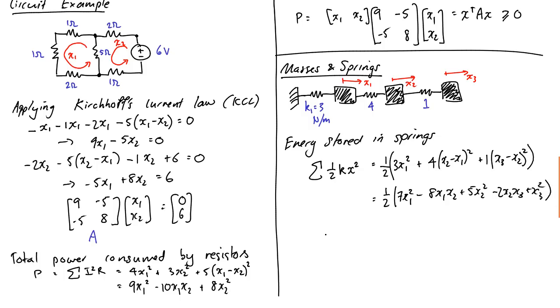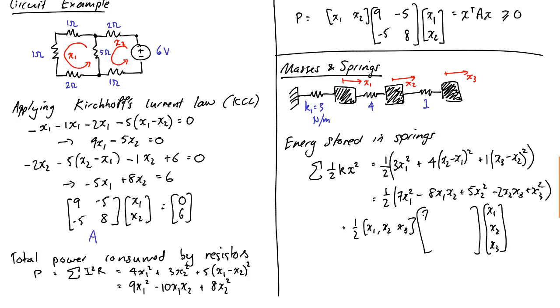And again, we can write this as a matrix equation. A half [x1, x2, x3], and once again it's going to be a quadratic form because all of our terms have two x's in them, and then we just fill in the blanks.